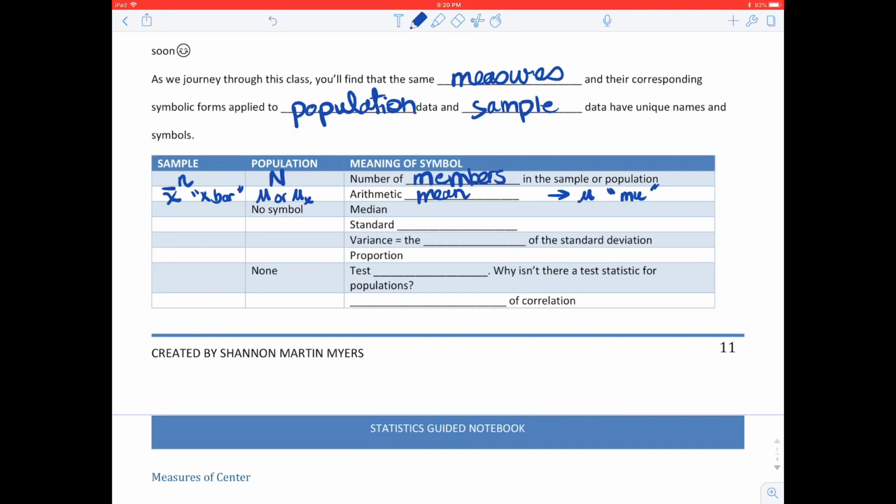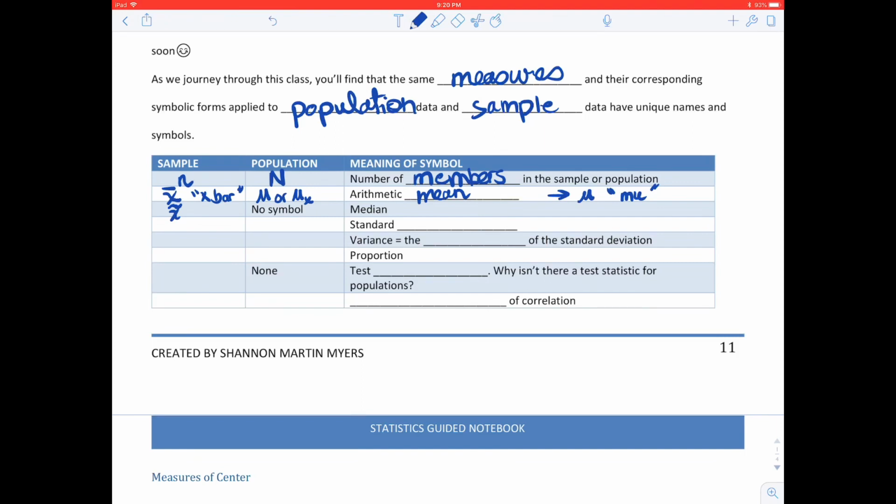It's the Greek letter, and all these Greek letters that you're going to see following always represent the population measure. Median. So median, you're going to see a little tilde over the X. And we'll learn what these things are momentarily. I just wanted to kind of get these out there.